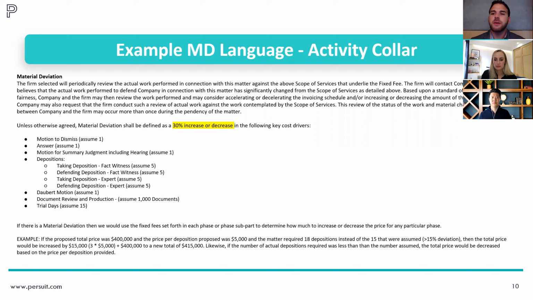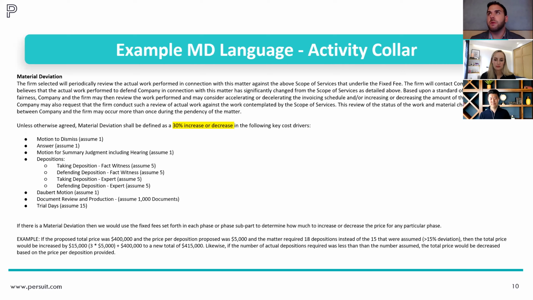Even if you're doing capped fees, you want to define what is a material deviation, because if one firm thought there were going to be 10 depositions and there ended up being 30, is it fair to hold the firm to the capped fee for just the discovery phase of, let's say, $500,000, when the work has changed materially and there's 3 times as much work? Is it fair to hold the firm to the cap?